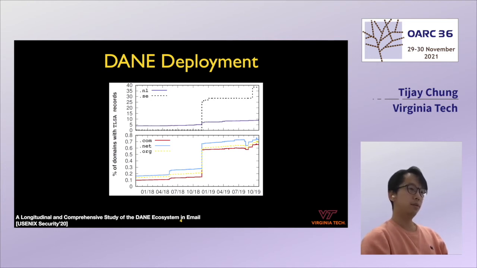DANE is to secure email protocols by introducing a new DNS record type, which is called TLSA records. As you can tell, the percentage of domains with TLSA records is really increasing. For example, in .se, nearly 40% of domains with MX records enable DANE as well.